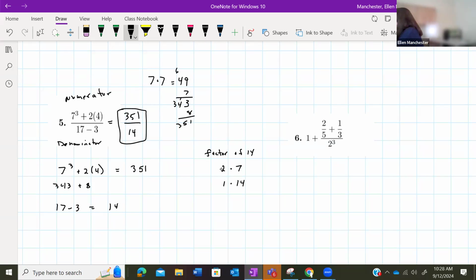Now I'm curious to see how they write it in the back. Hang on, let me check the answer in the back. Just because I don't want to give you false hope.